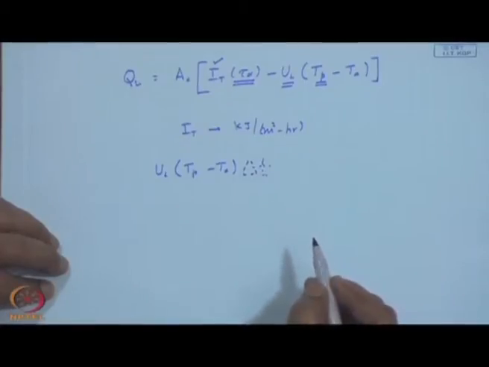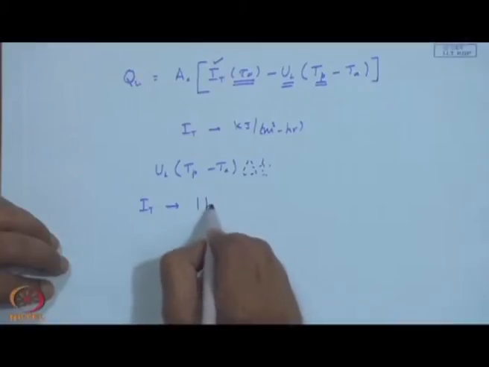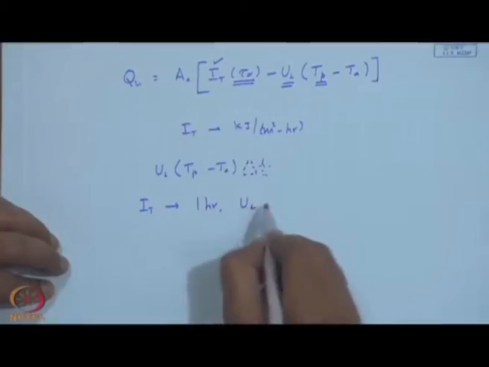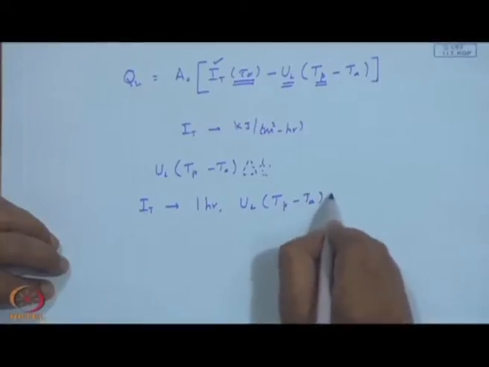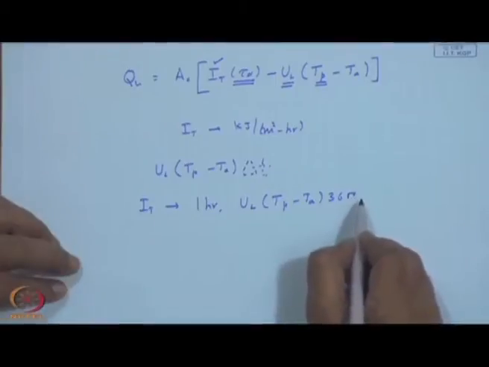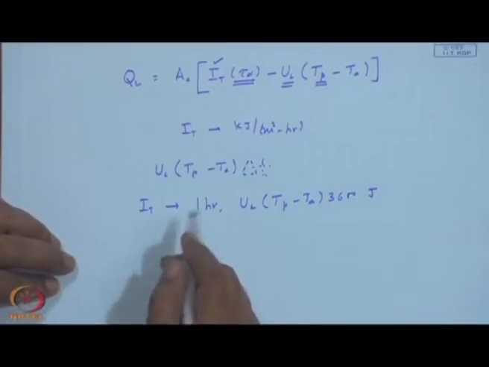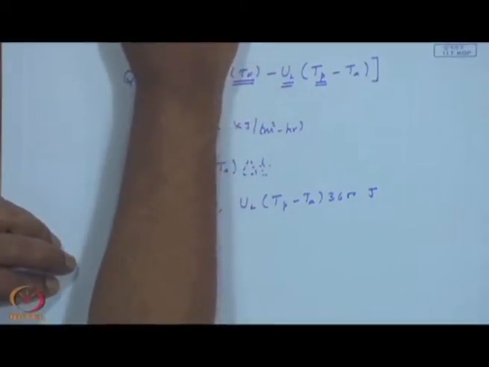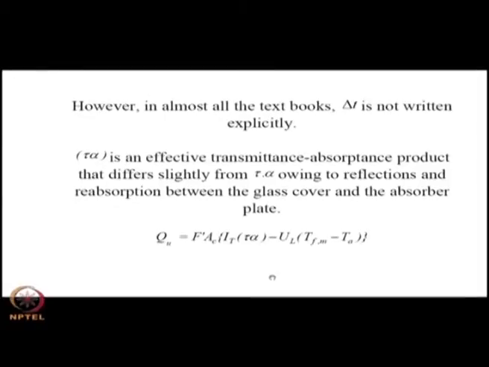If we consider I t is 1 hour, then it will be U L into T p minus T a times 3600. This will be in joules, and if it is in kilojoules we can convert it, and that same thing has to be used consistent with the time frame that we apply.